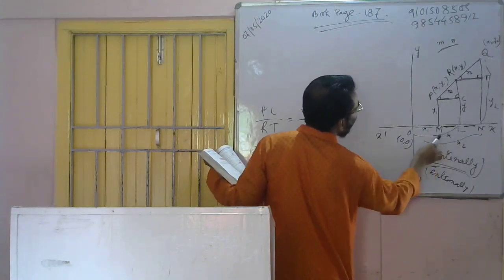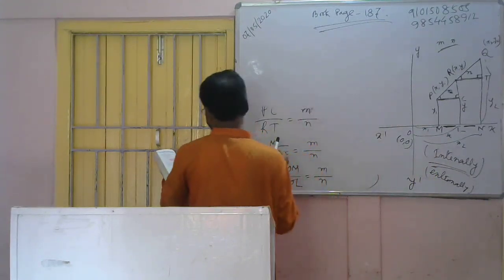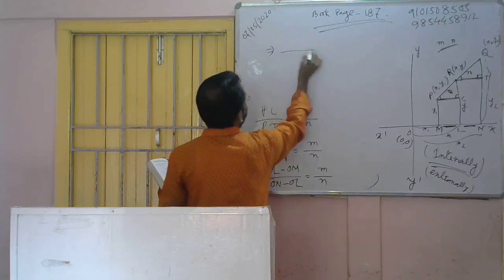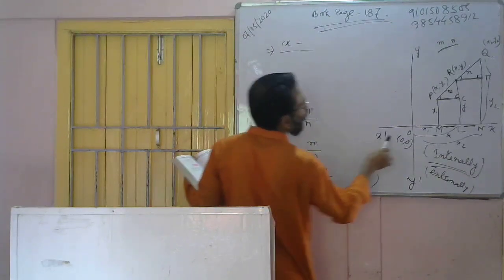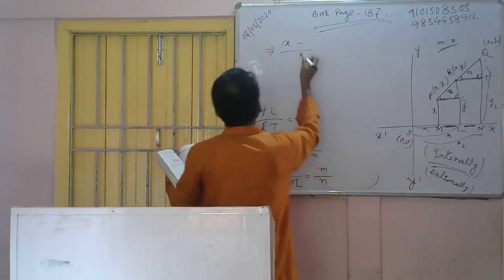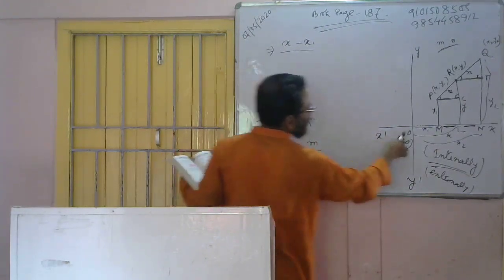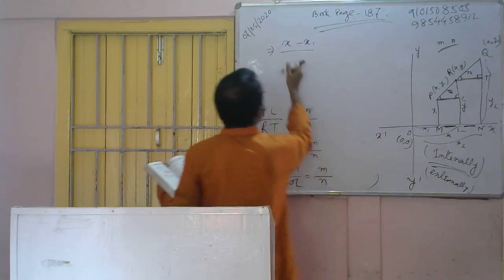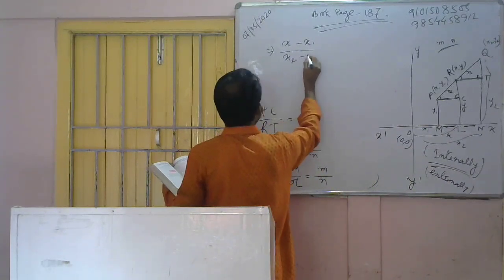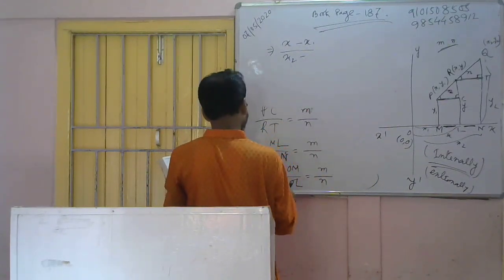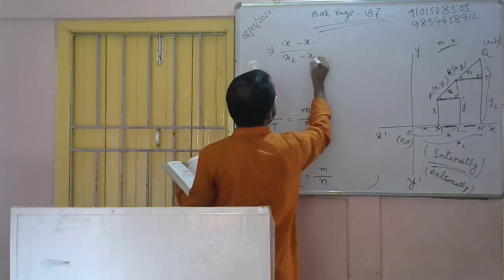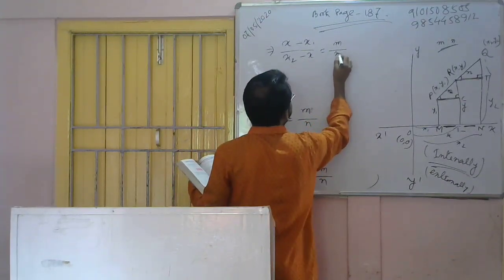OL is our X, and this OM is X1. So X minus X1, by this distance is X2. So X2 minus, again this one OL is X. So X is M by N.